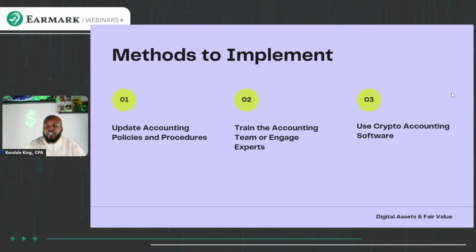And so having a crypto accounting software that really works for what your company is doing or what your client has is paramount, because it can save you so much time. And when you're looking at figuring out what crypto accounting software you want to use, it is important to understand what blockchains they are boasting that they can support.